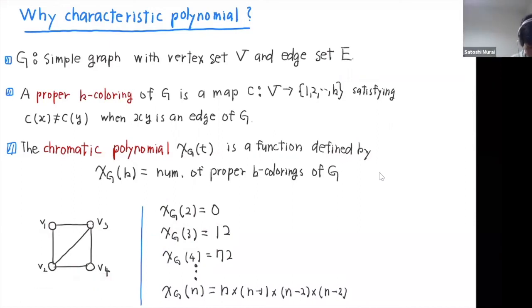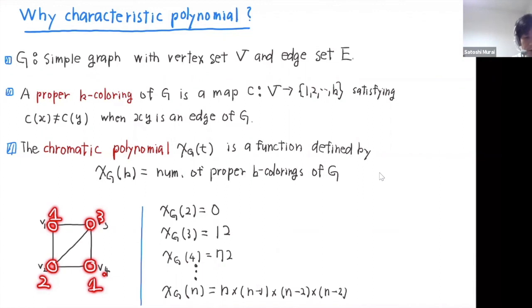If you put color 1 in vertex 1, and suppose that you color vertex 2 by 2, then you automatically get that the coloring of vertex V3 must be 3, and vertex V4 is equal to 1.